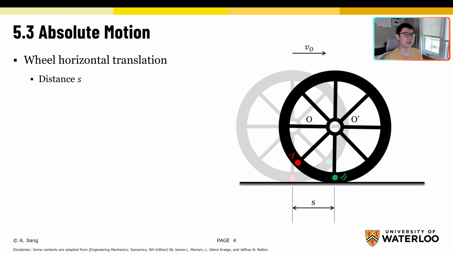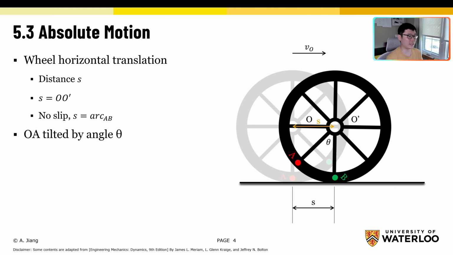After a short period of time, the wheel will travel by distance s. This distance can be measured by O to O prime. We'll also assume that there's no slip of the wheel, so therefore s is also equal to the arc from A to B. Looking at the segment OA here, compared to its original state, it tilted by angle theta while the wheel traveled for distance s.